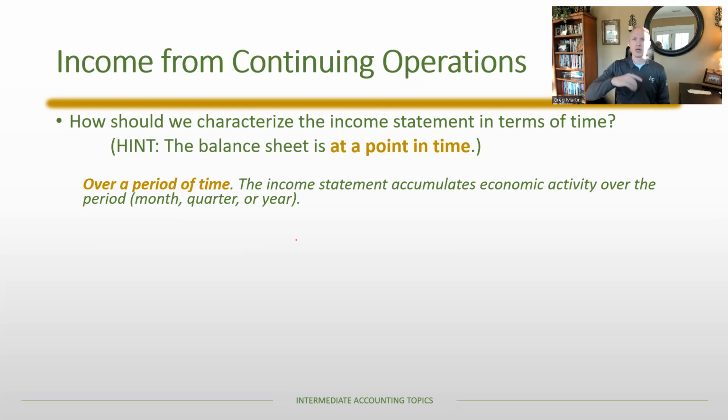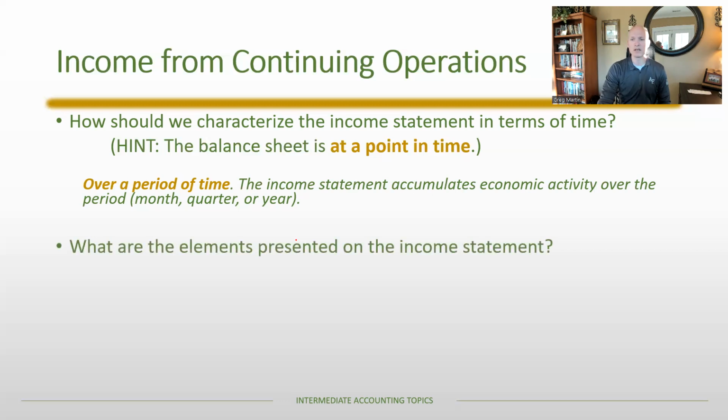If you do monthly reports, your monthly report at the end of January is going to accumulate the income-related economic activity for that month. Then February would be for January and February, then March would be 3 months, and then 4 months, until finally, if you had a full year, it'd be 12 months of economic activity all in one income statement. At the end of that, you reset and restart the next year. So again, rather than a point in time, the income statement is over a period of time.